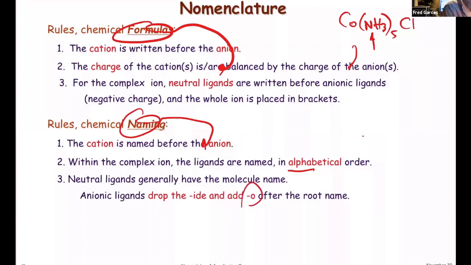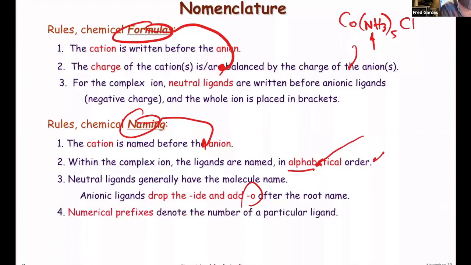This one's kind of sketchy because the molecular name of NH3 is ammonia, but yet you don't call it ammonia, you call it amine. The molecular name of H2O is water, yet you don't call it water, you call it aqua. Okay, so this one needs a little bit more clarification in terms of that.